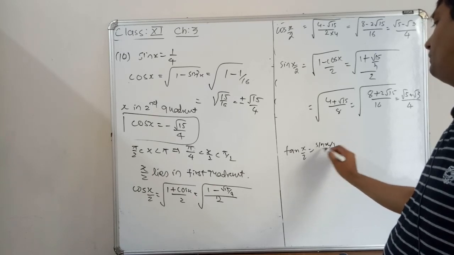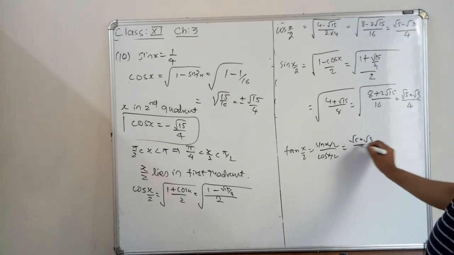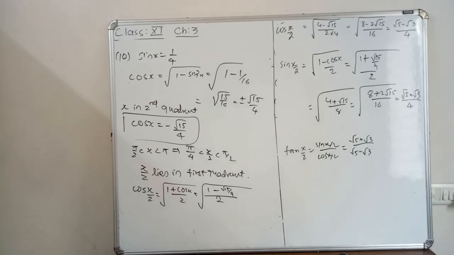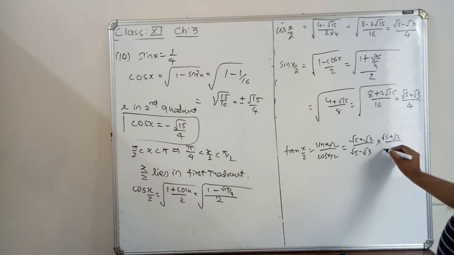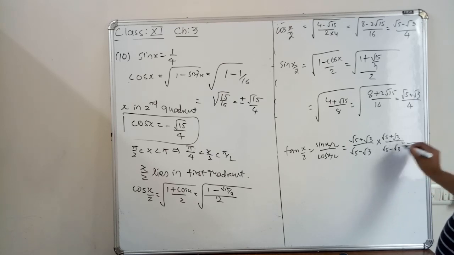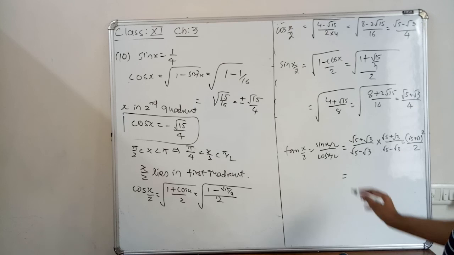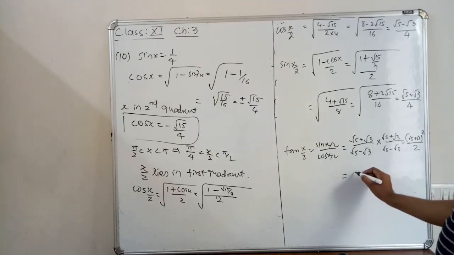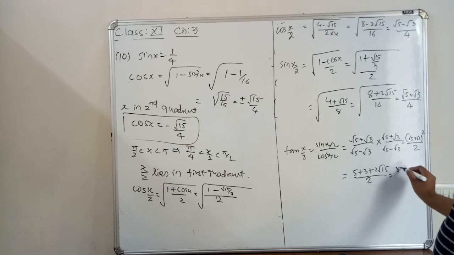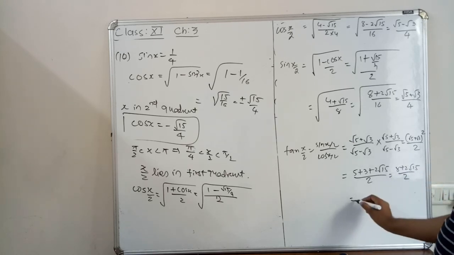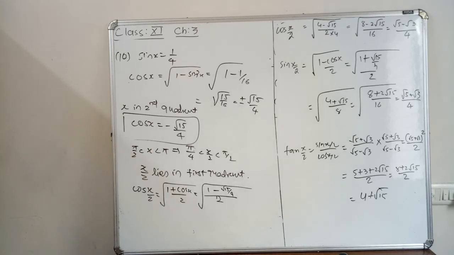tan x by 2. So tan x by 2, that means sin x by 2 upon cos x by 2, so the value of sine we got is root 5 plus under root 3 upon root 5 minus root 3. Okay, if you want to rationalize, you can. So multiplying, it becomes root 5 plus root 3 upon again under root 5 minus under root 3. So you got 5 minus 3, 2, and here root 5 plus under root 3 whole square. So now you got the result for root 5 square 5 plus root 3 square 3 plus 2 under root of 15 divided by 2, so 8 plus 2 under root 15 divided by 2, so you got 4 plus under root 15. Right? Took 2 common and cancelled, so this is the result of tan x by 2.